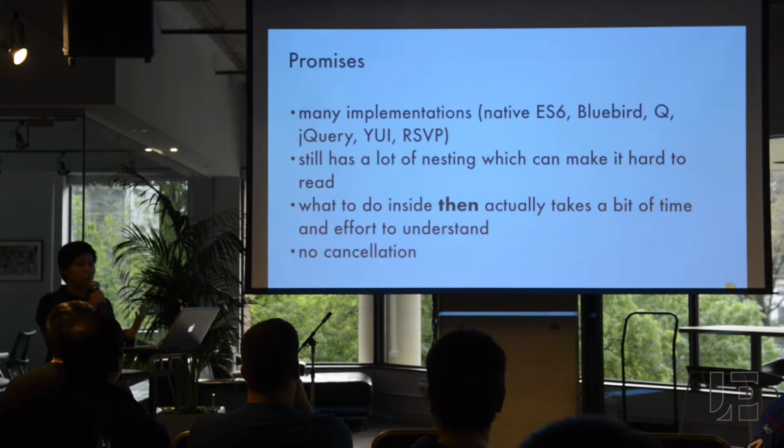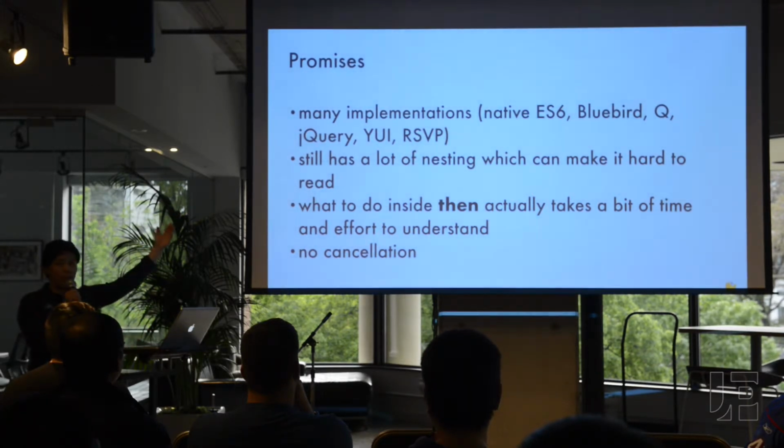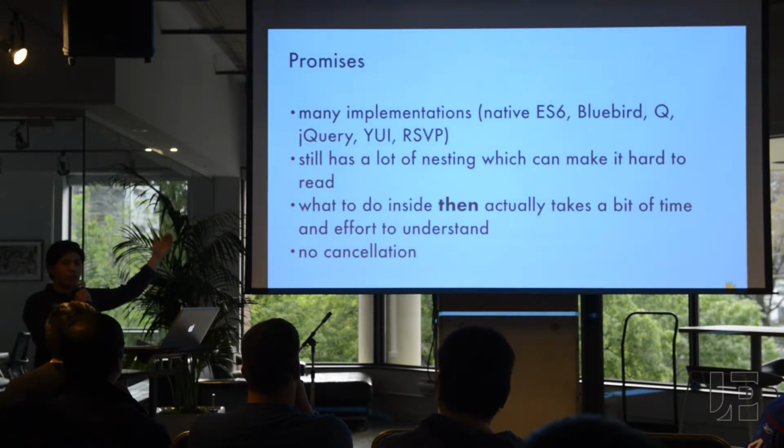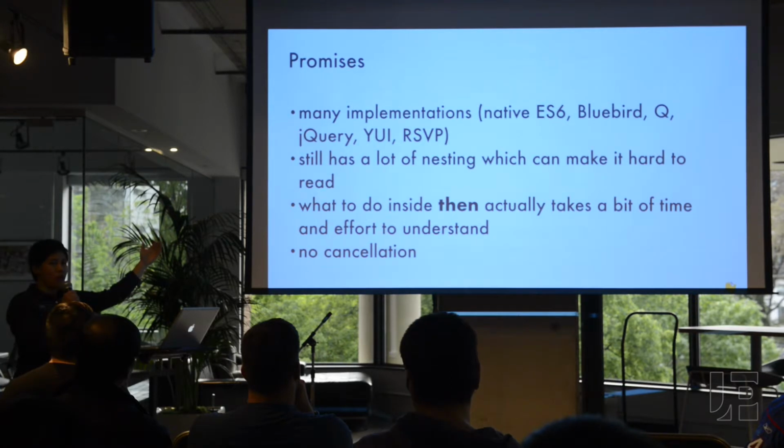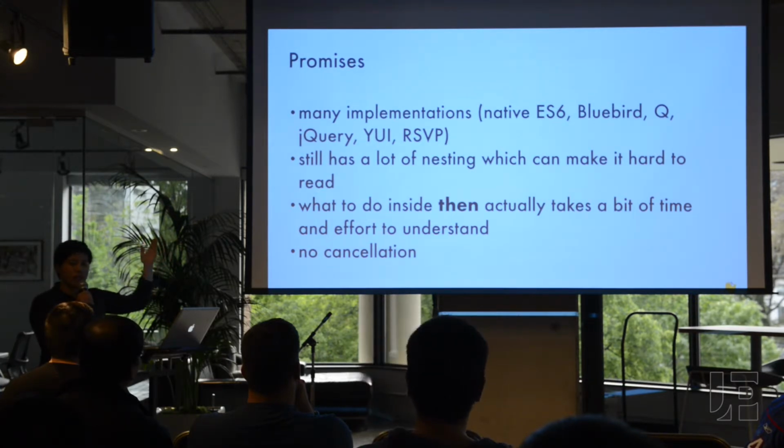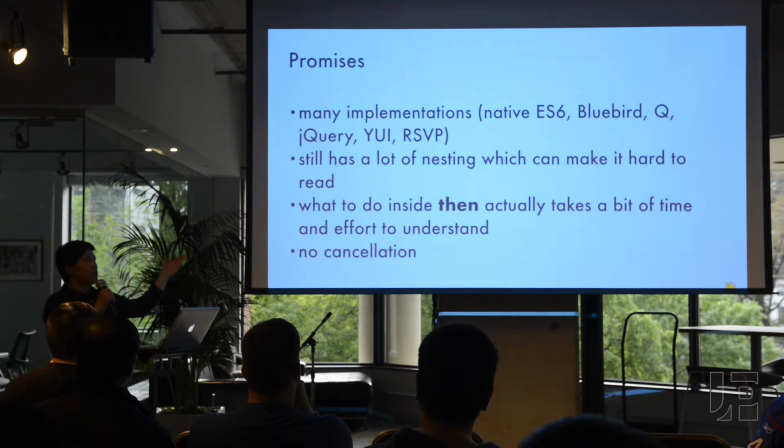So there are a few things about promises. One of them is that there are many implementations. I've listed a few here, but I did a quick Google search, and there are at least 15 promise libraries out there. And that makes things super confusing for people. You might get used to a certain promise library and then get put on another project that uses a completely different promise library.